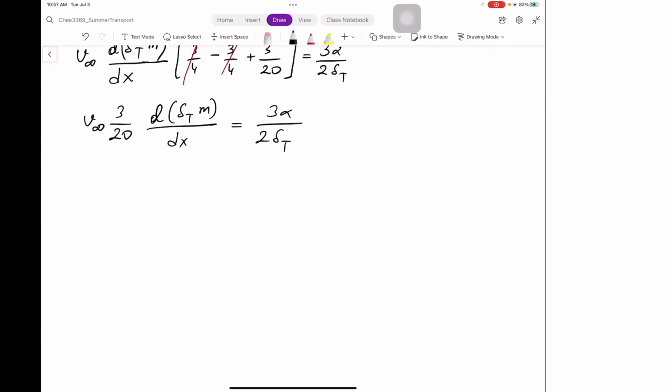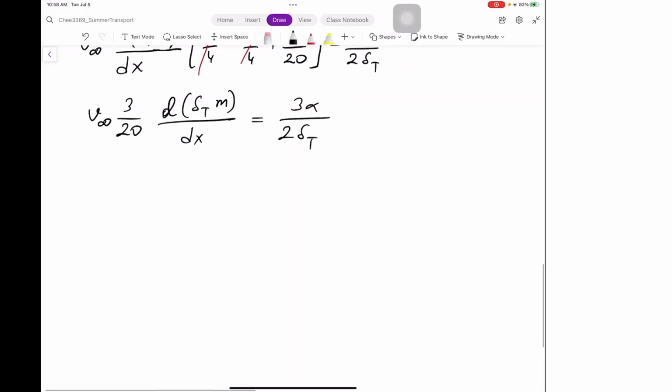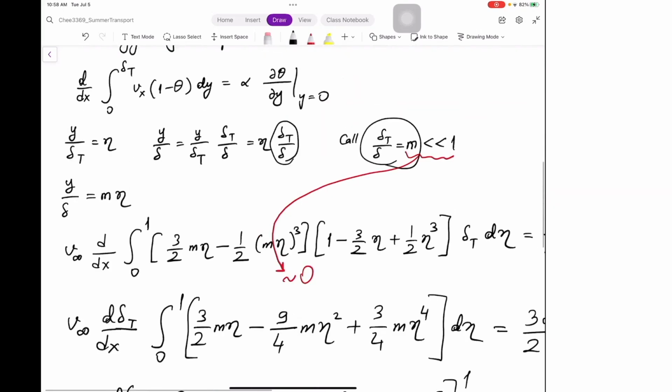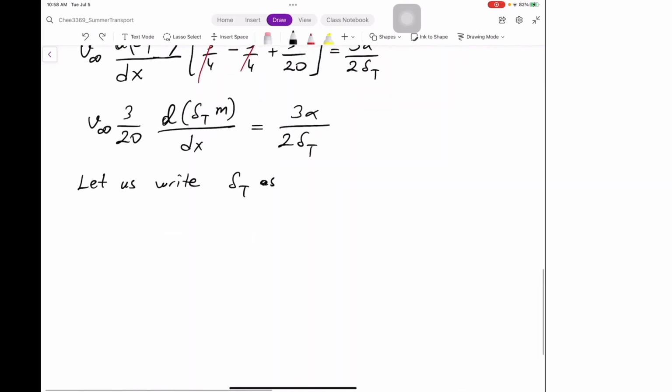Now, let's write delta t as, from this equation, m times delta, right?